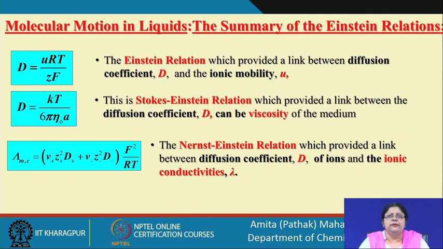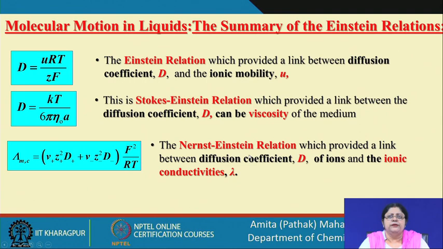If it is not an ionic particle or a charged particle, then we talk about the mobility as such. Similarly, we further modified the Einstein relationship, and we got the Stokes-Einstein relationship to have a link between the diffusion coefficient D and the viscosity of the medium. And finally, we had talked about the Nernst-Einstein equation.